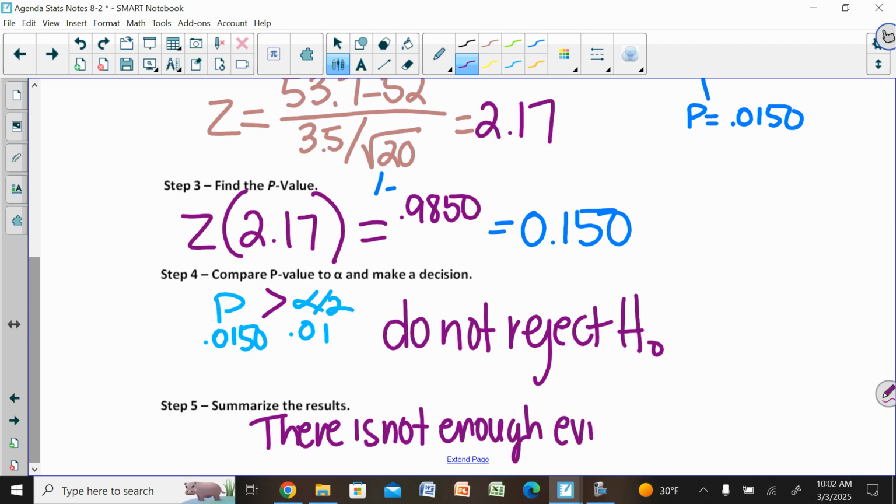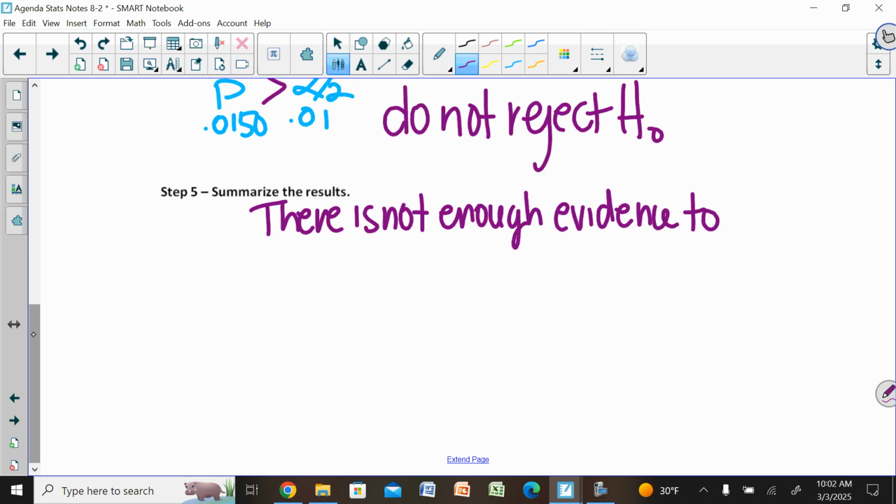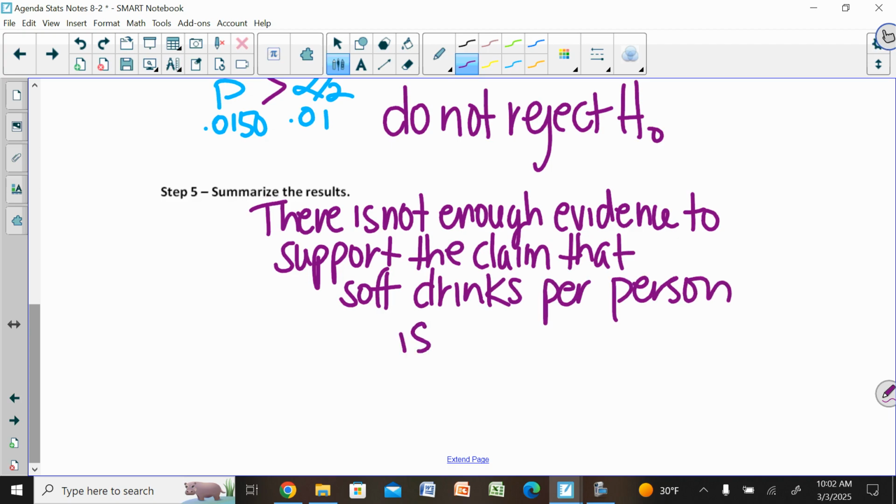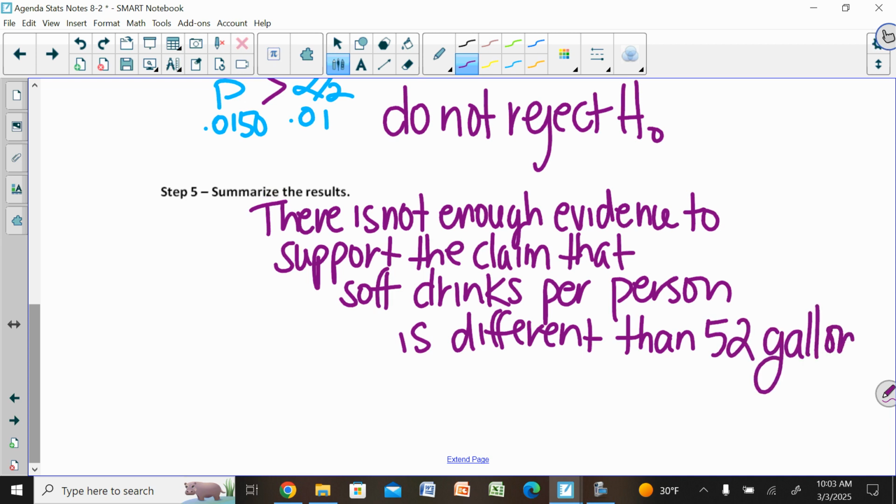There is not enough evidence to support the claim that, insert context here, soft drinks per person is different than 52 gallons per person. That's a lot of pop, isn't it?